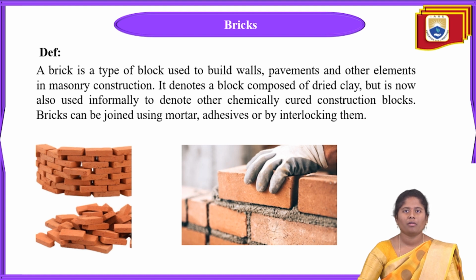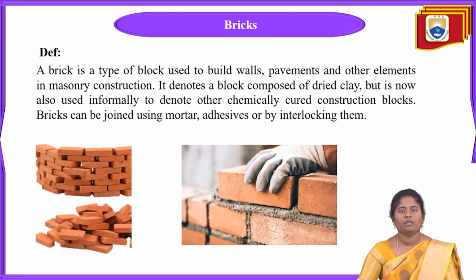Why? Because nowadays there is no construction at all without brick. And this brick is very important to build walls, columns, beams, etc. It denotes a block composed of dried clay, but is now also used informally to denote other chemically cured construction blocks.